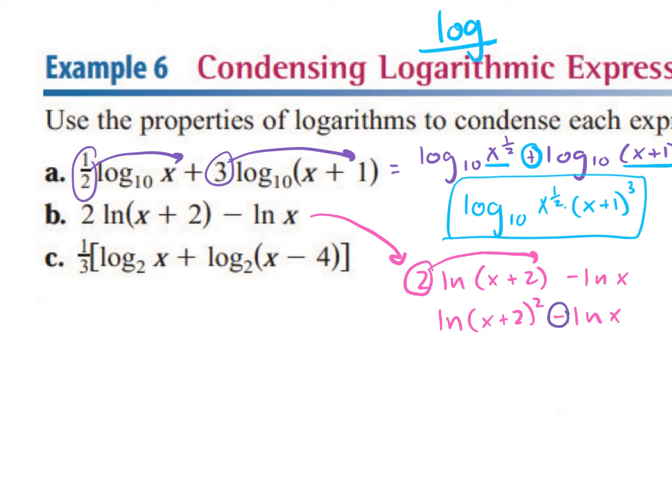Now we know minus goes with division. So I'm going to divide my two terms here. That ln gets condensed to just one ln, and the two things that I'm taking the ln of is what I divide. So this would be x plus 2 squared divided by x. That's our answer. Once we get it condensed down to 1 log or ln, we are done.